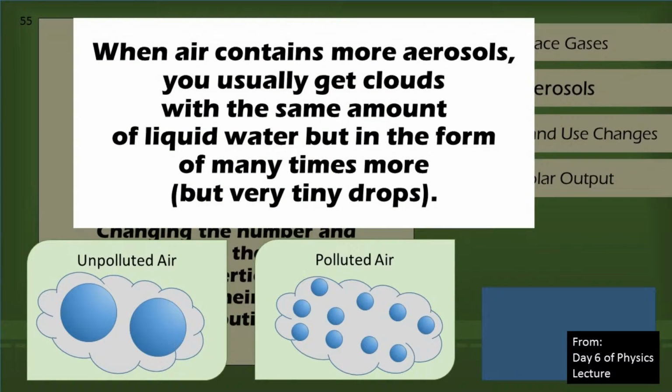But there's also this indirect radiative effect associated with aerosols, where because they provide more cloud condensation nuclei into the clouds, you get more smaller droplets. Instead of a few big droplets in a cloud, you get many, many smaller droplets, which has a much higher albedo. You get clouds that are more reflective.